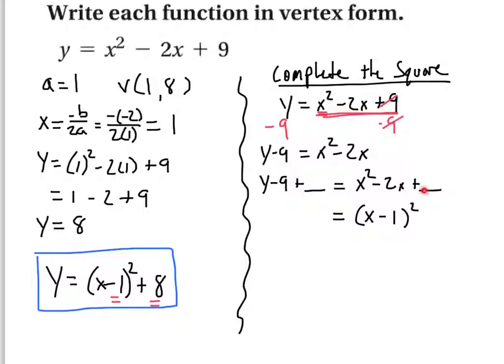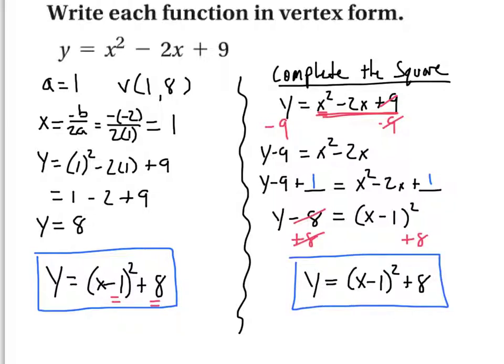And then we got this number by squaring that negative 1. So negative 1 squared, positive 1. So we're adding 1 to both sides. Well, what's negative 9 plus 1? Negative 8. Well, our equation should say y equals, so I got to get rid of that minus 8 by adding 8 to both sides. And again, there's vertex form.